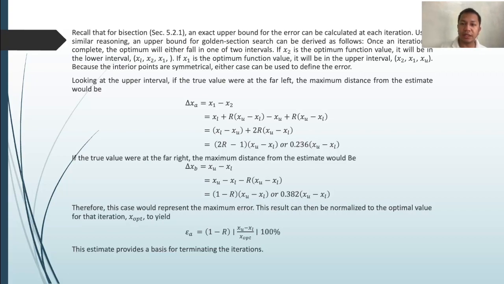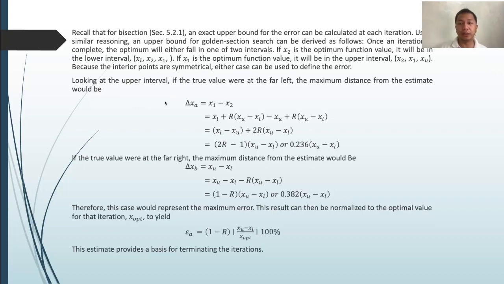If x2 is the optimum function value, it will be in the lower interval, that's xl, x2, and x1. If x1 is the optimum function value, it will be in the upper interval, that's x2, x1, and xu. Because the interior points are symmetrical, either case can be used to define the error.